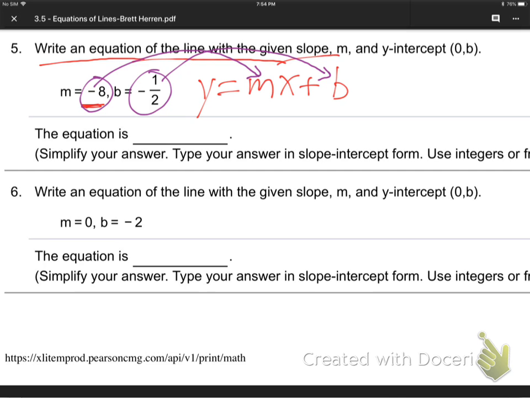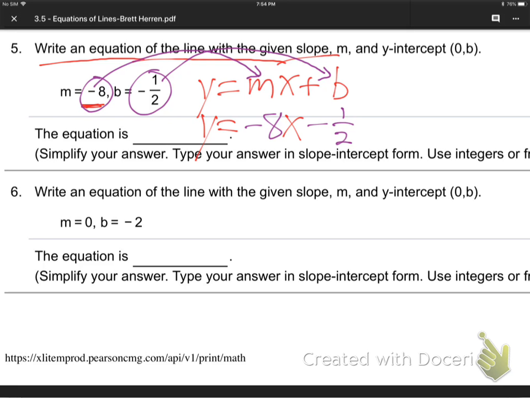So y equals -8x, and then the b is minus 1/2. And that's all they want for that one. That's the equation. It's going to get a little more challenging, but we're not going to get a picture or do anything else than just that.